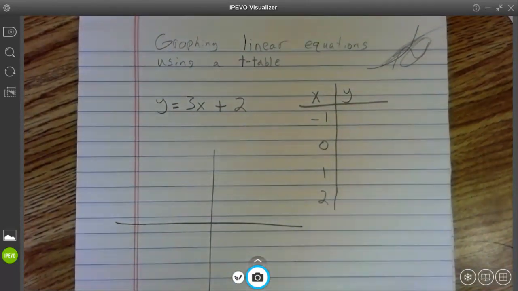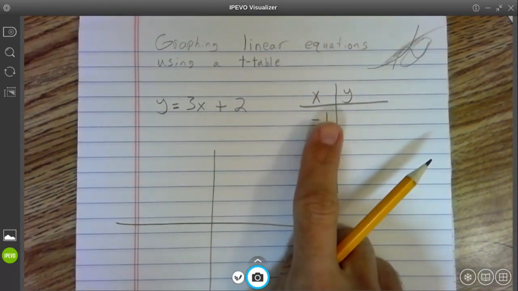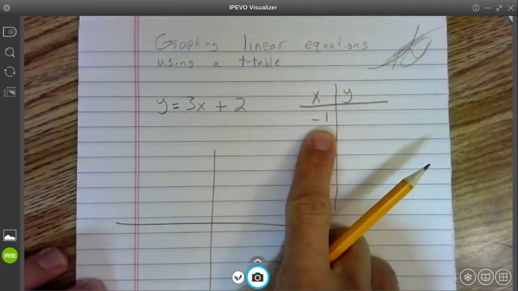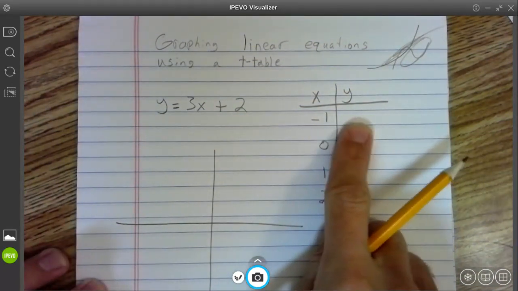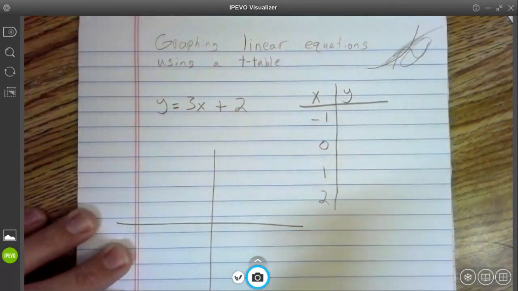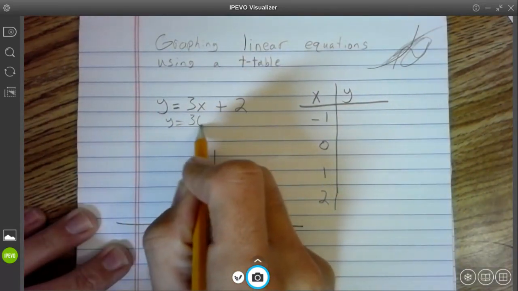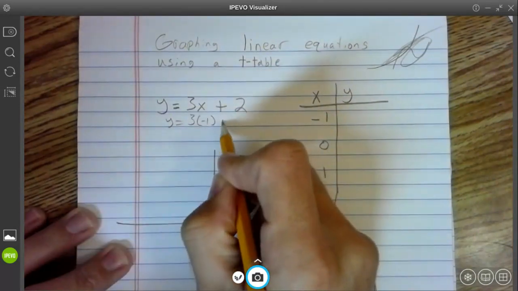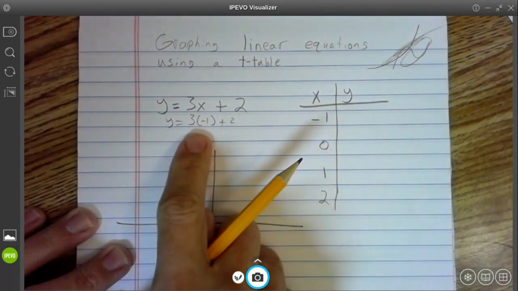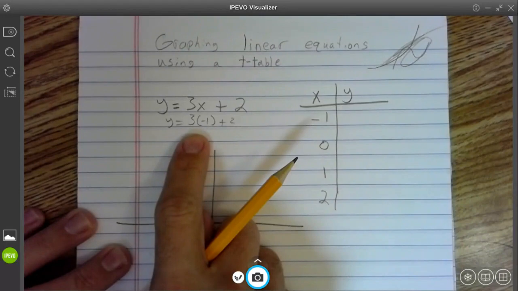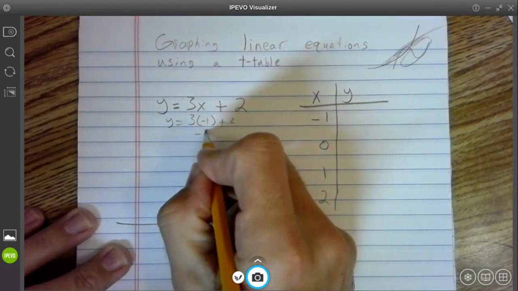Anyway, so what we're going to do is plug in -1 for x and see what y value that gives us back. So it's going to be y equals 3 times -1 plus 2. 3 times -1 is equal to -3.